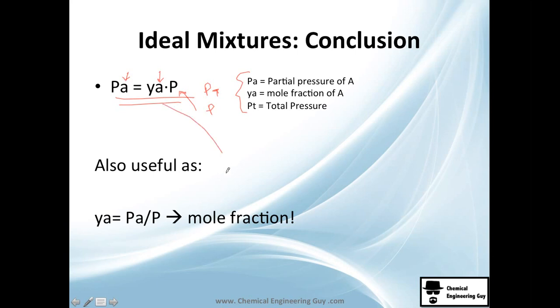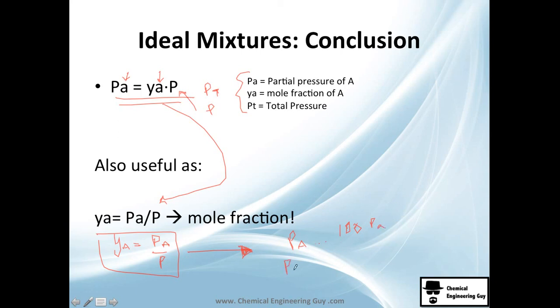Also useful, the same equation but just changing the arrangement: how to get the mole fraction from a partial pressure. And I think this one is very important for our mass balances. Why? Let me explain why. Many times they will tell you the partial pressure of A is, I don't know, 100 pascals.